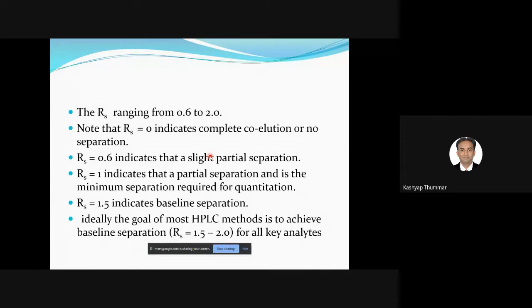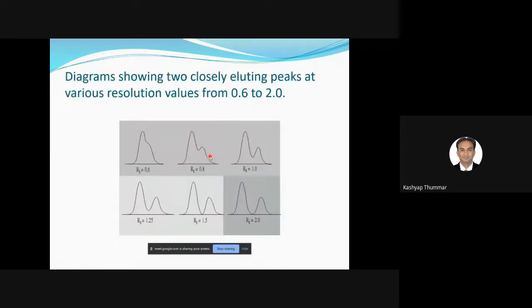So when we plan method development and validation projects, in academic projects or industry work, the goal is a baseline separation with resolution between 1.5 and 2. Then it has sufficient resolution and can be considered for quantification.